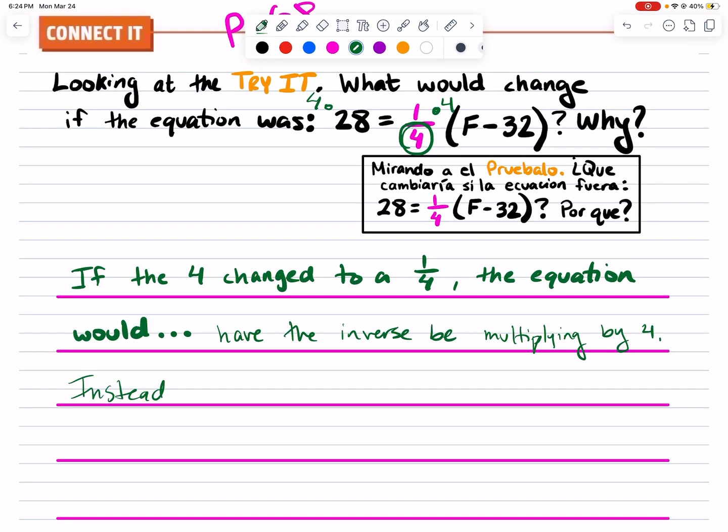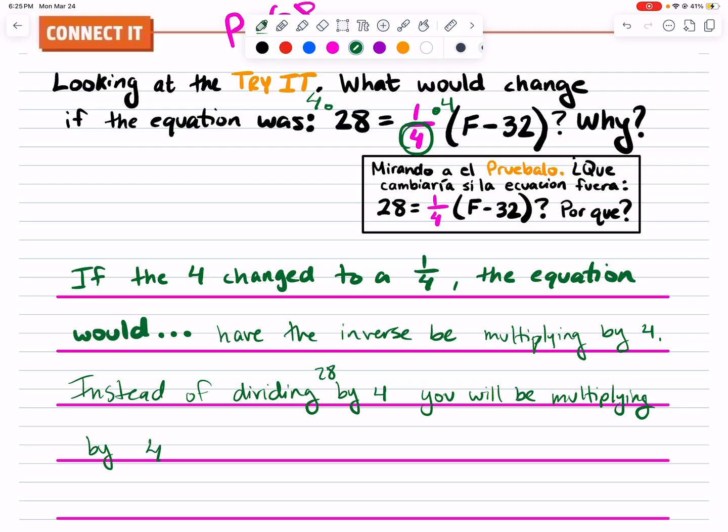So instead of dividing by 4, you will be multiplying by 4.